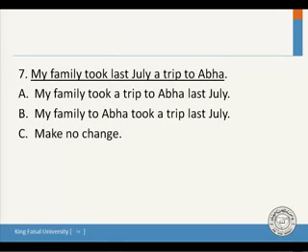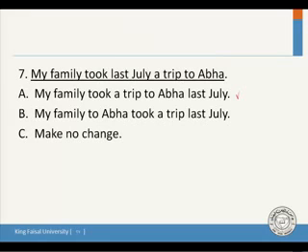My family. What comes after the subject? The verb. Took. And took is a transitive verb. We need an object. Took a trip. Where and when. Place and time. To Abha last July. So the answer is sentence A.